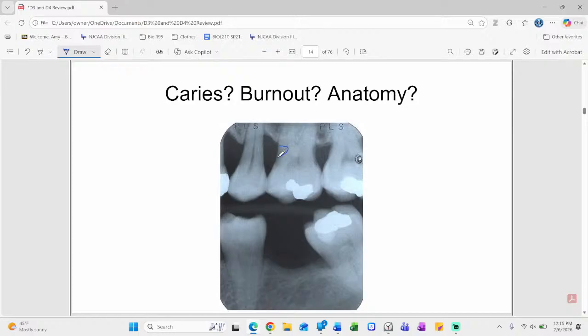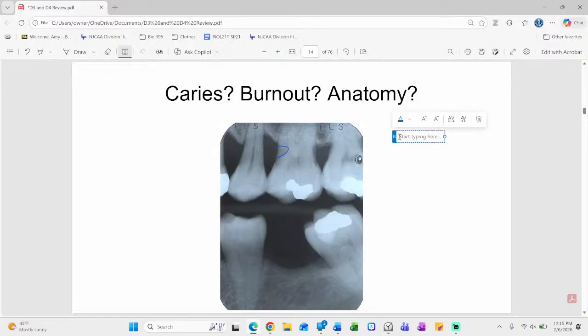Where does burnout happen from what to what? CEJ to the alveolar crest, right? To the bone. That's the only place you call something burnout, is from the CEJ to the crest of the bone. Why? What is burnout? You've all heard me talk about it 100 times. Why does this happen?